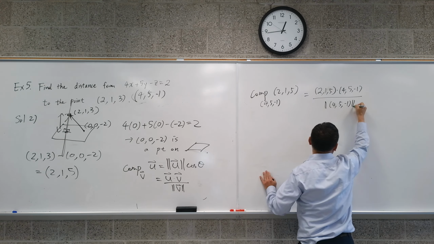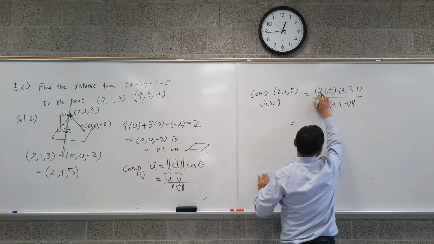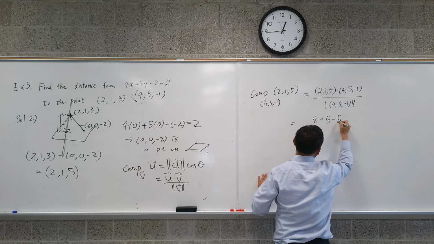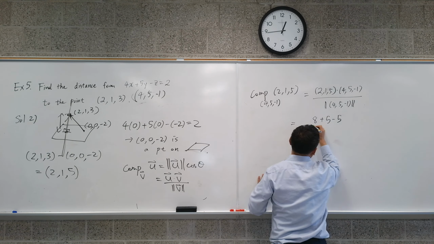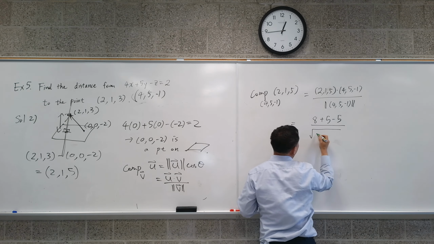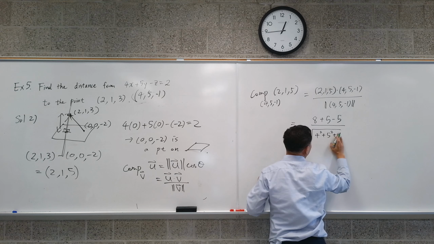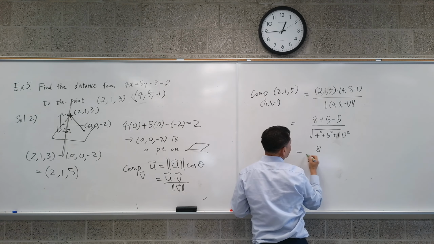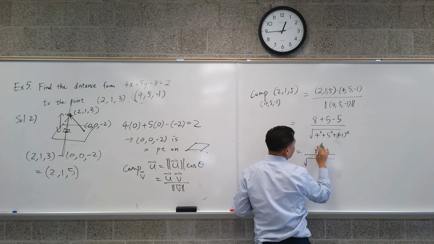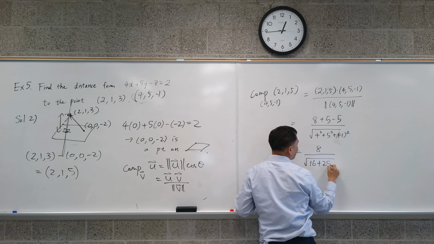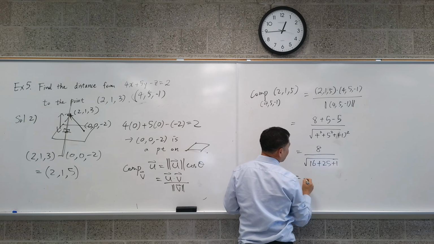That's going to be 8 plus 5 minus 5, over the square root of 4 squared plus 5 squared plus (-1) squared, which gives you 8 over the square root of 16 plus 25 plus 1, which is 42.